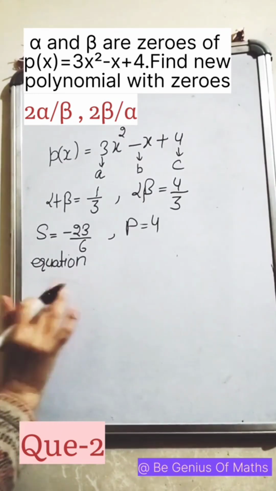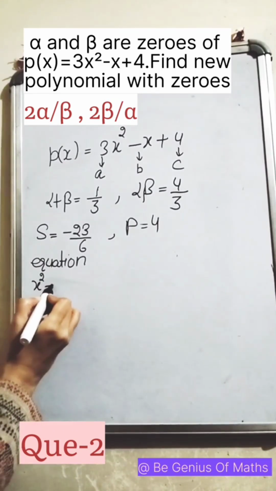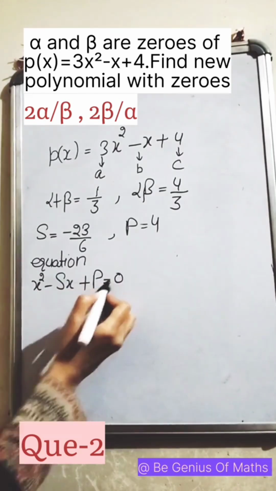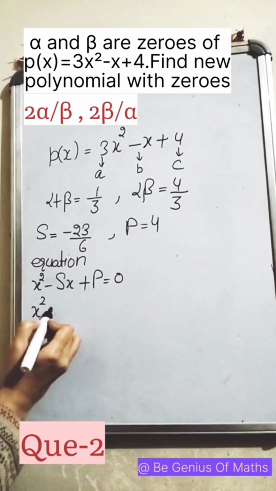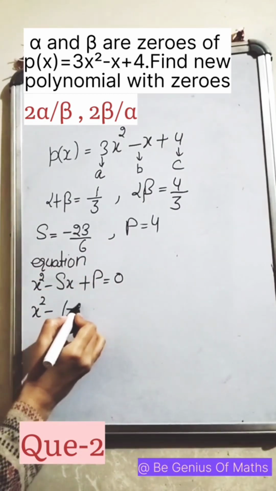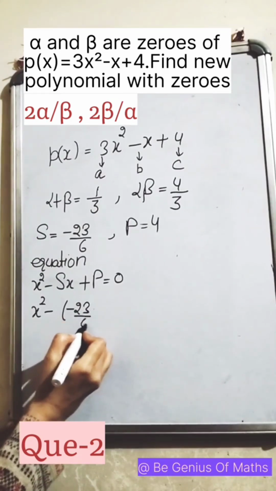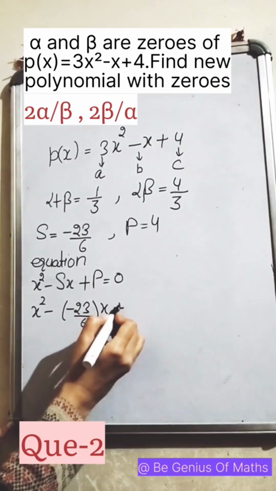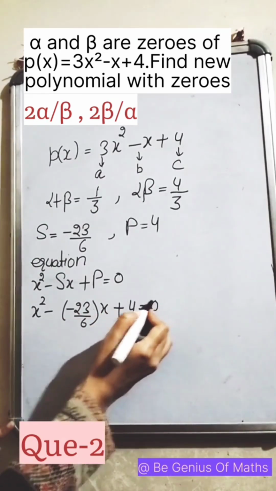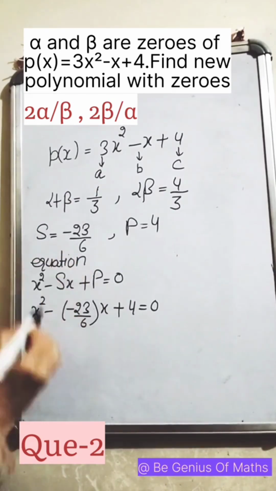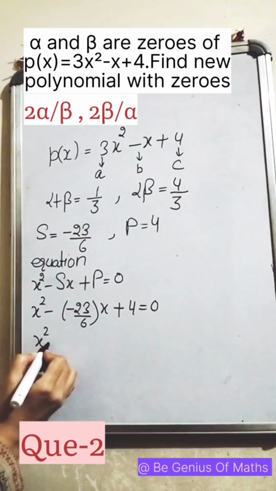The formula of the new equation is x square minus the sum of new zeros into x plus the product of zeros equal to 0. X square minus the value of s, which is -23 by 6. This minus is in the formula and this minus is with the value of s.